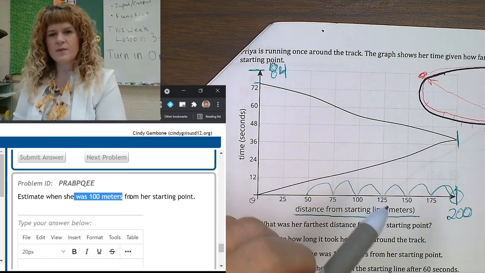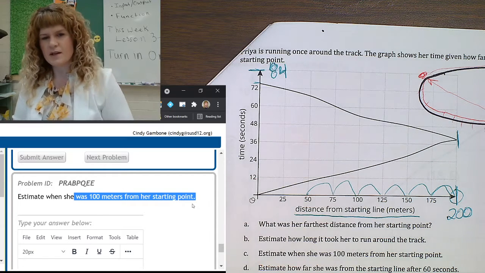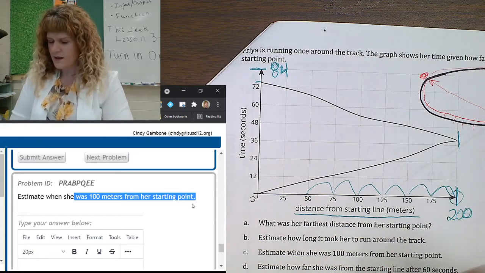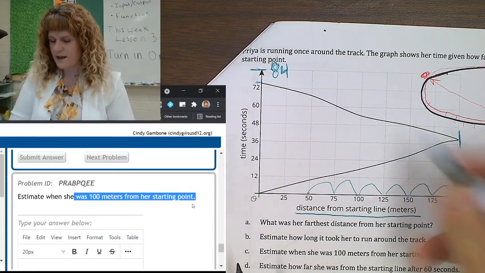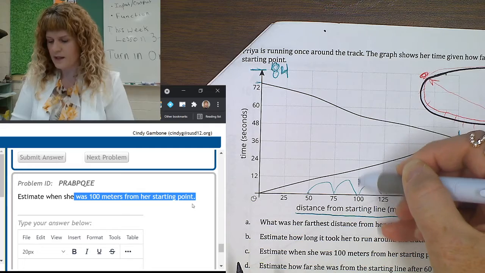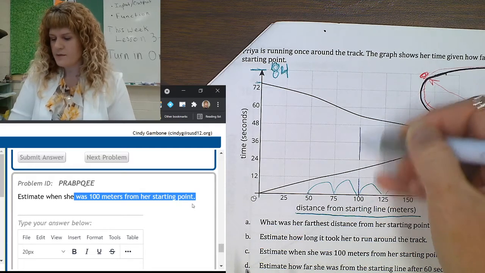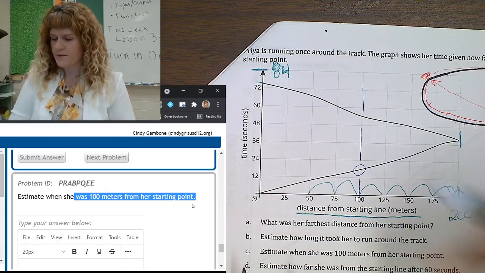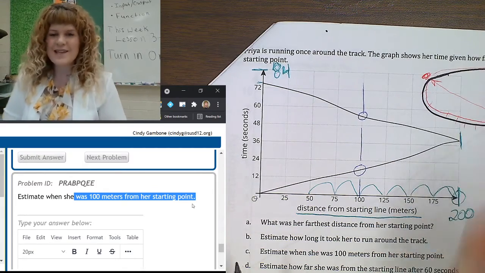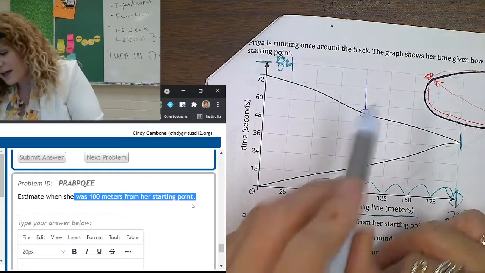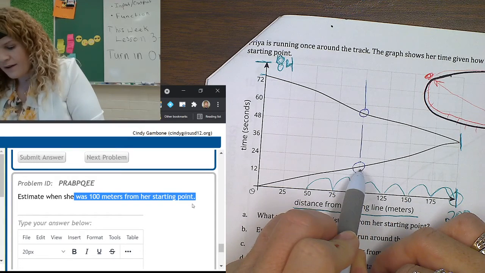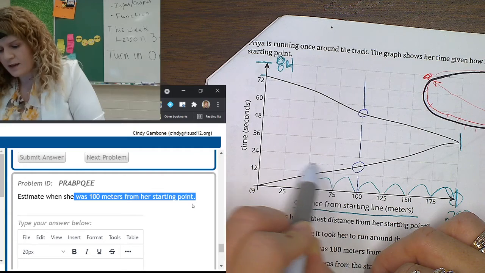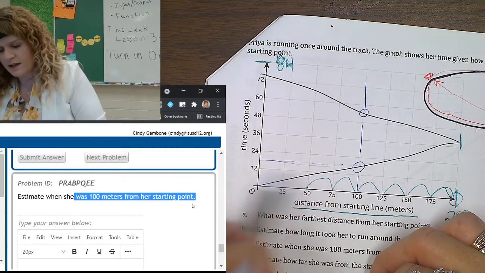Estimate when she was 100 meters from her starting point. Okay, so there's distance from the starting point on the x-axis, and I can easily find on the grid line where it says 100 meters. So now I need to see where her graph crosses. And it says estimate. That's because her graph crosses the 100-meter grid line, but when I look at the time, it does not hit a grid line.